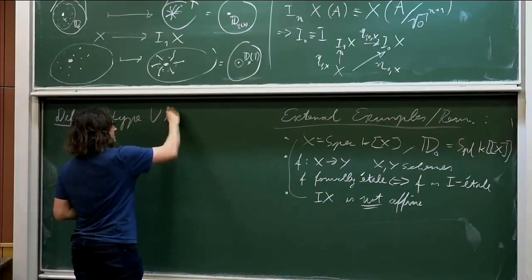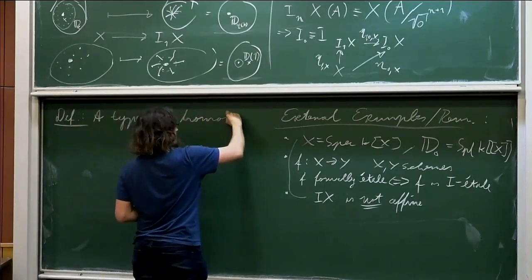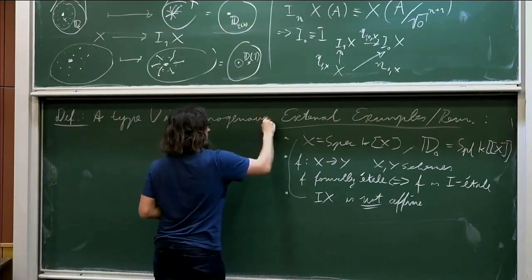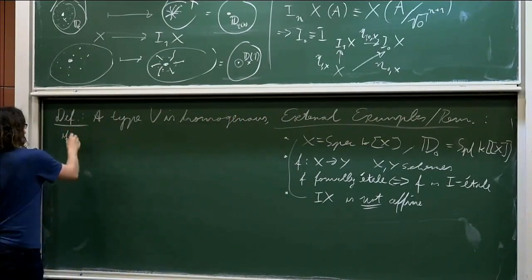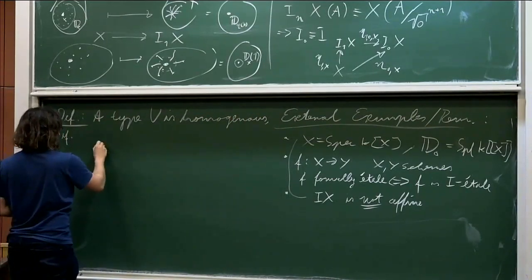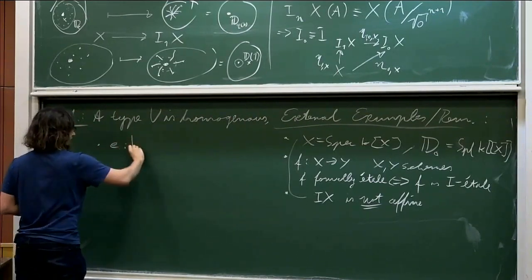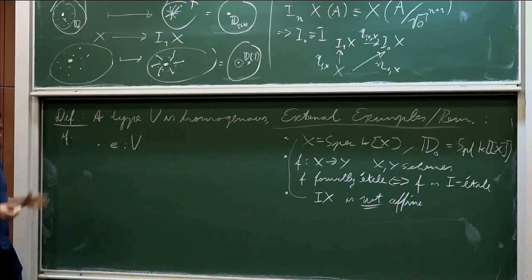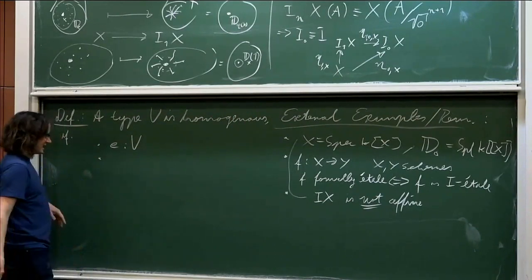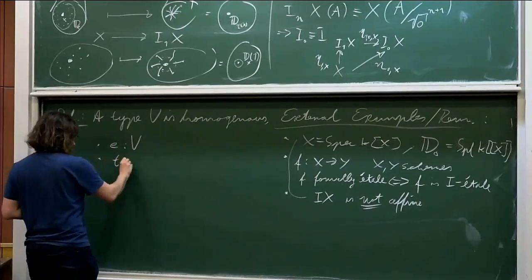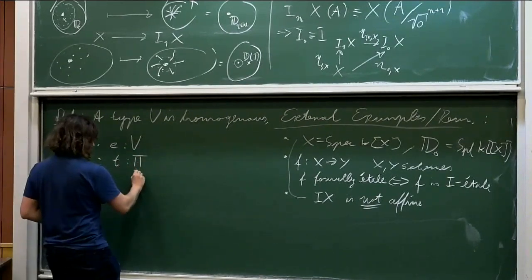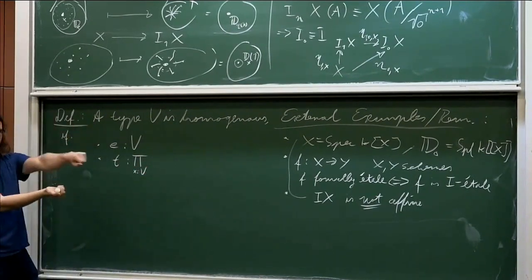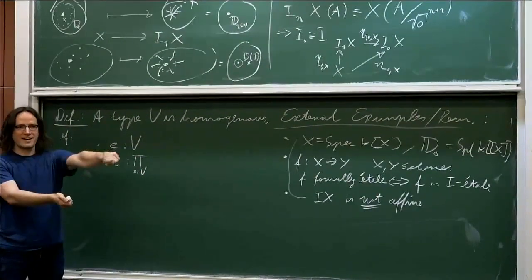A type V is homogeneous if you have a point, something like a neutral element, and a family of translations that can translate your given point to any other point.